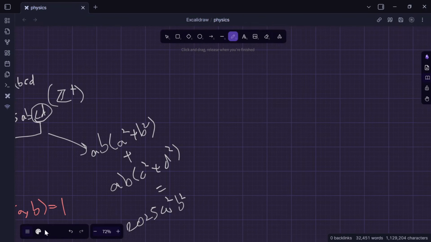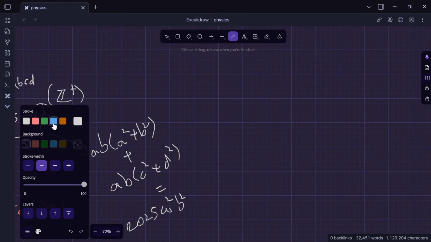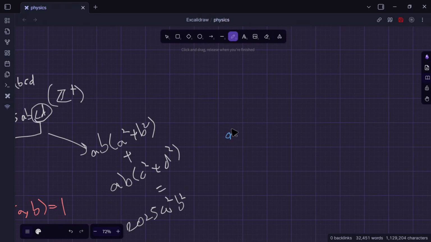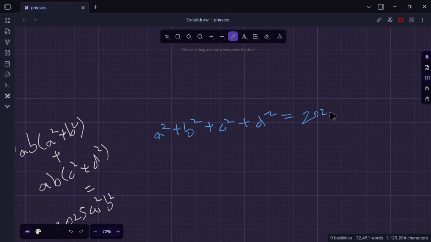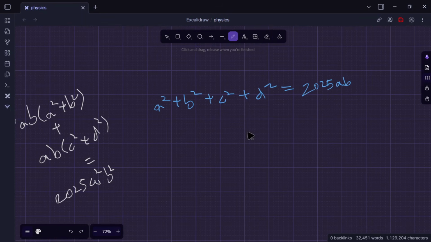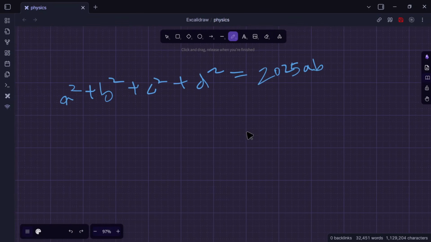And what I get is A squared plus B squared plus C squared plus D squared is equal to 2025 AB. Cool.